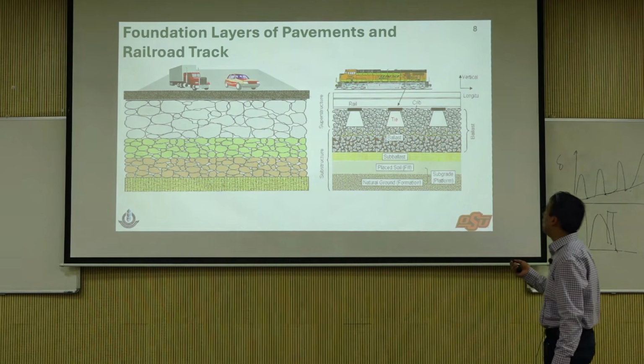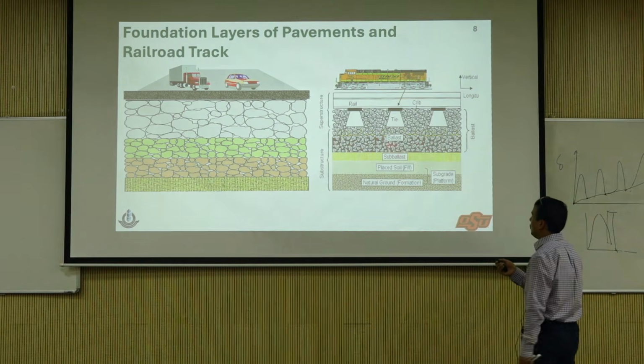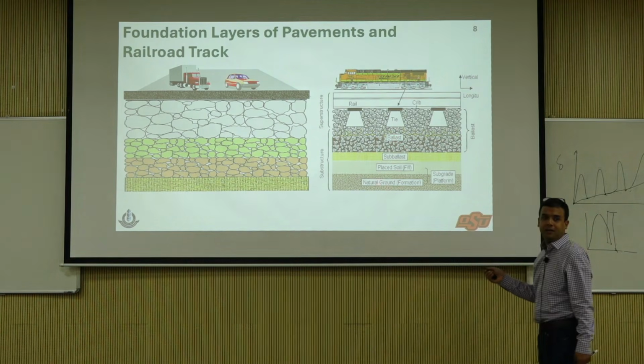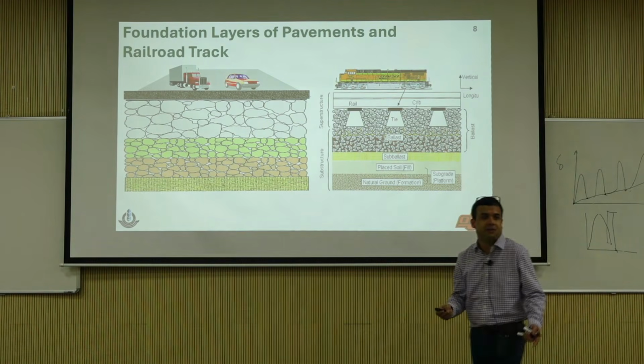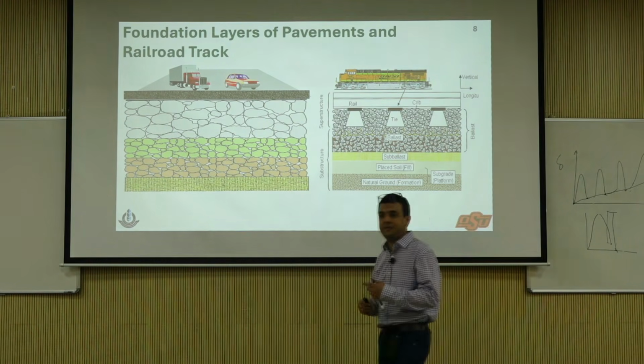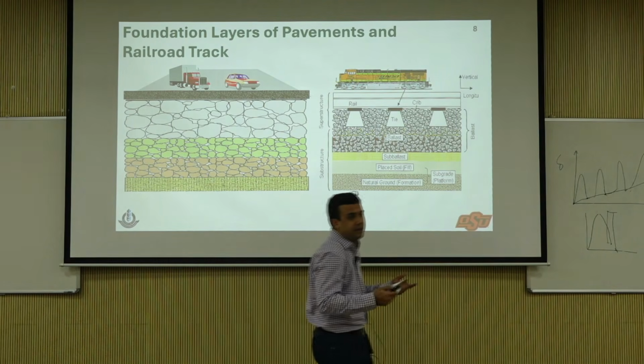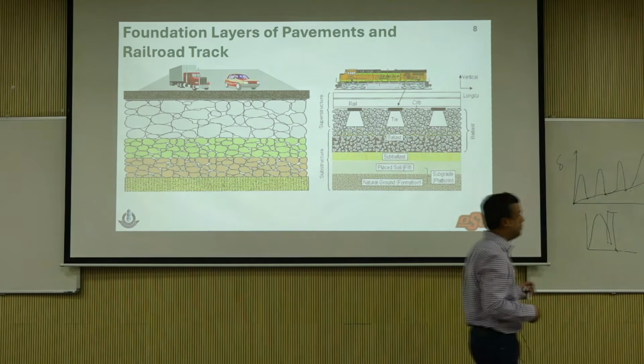In North America you call it cross ties. Then you have what is known as railroad ballast, which is the coarse grain. So basically below this, folks, you can think of this as base, subbase, compacted subgrade, natural subgrade, similar stuff. Gradations are different, material is different, load levels are different, thicknesses are different, but the mechanics is exactly the same. There's no difference.